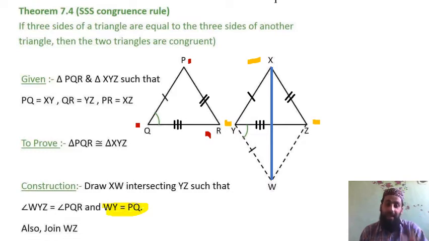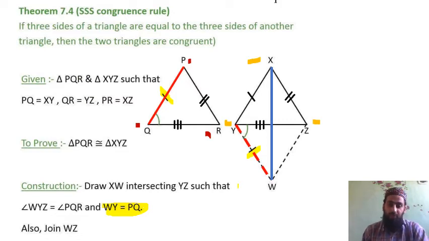That is, the line should be drawn in such a manner, its length should be kept such that this side WY is equal to PQ. Let's see again which two sides. Yes, these two sides. W should be drawn in such a manner that WY and PQ are equal to each other.